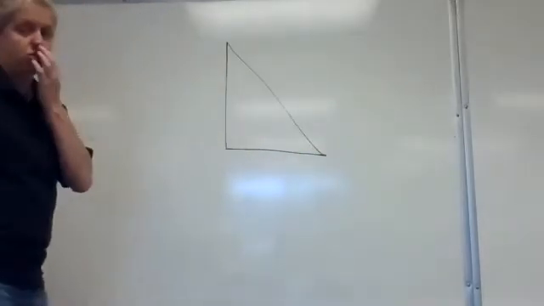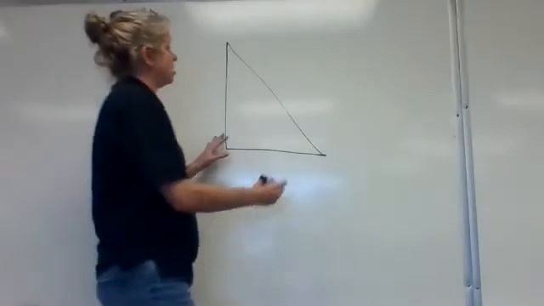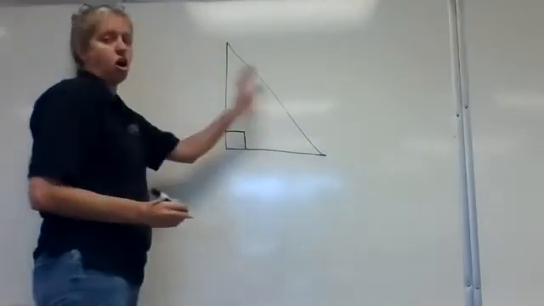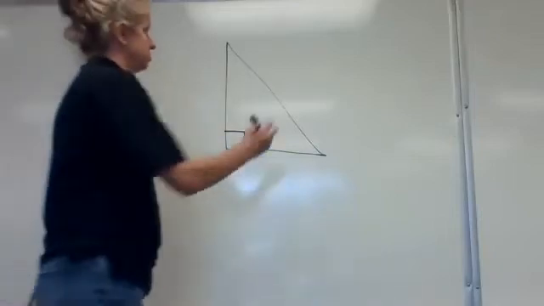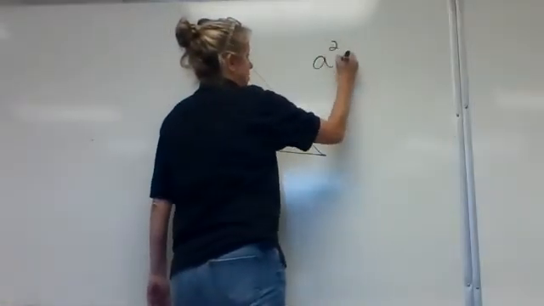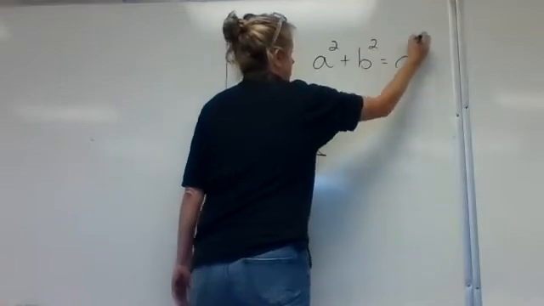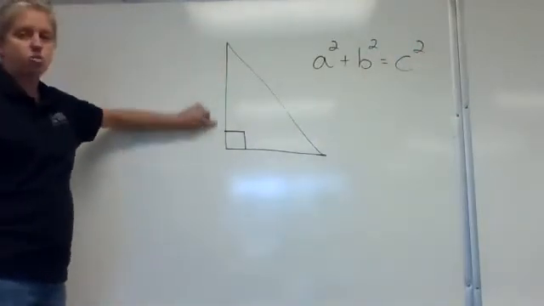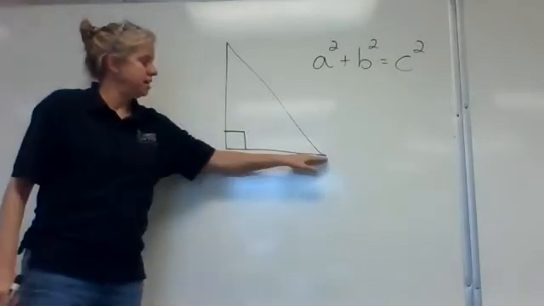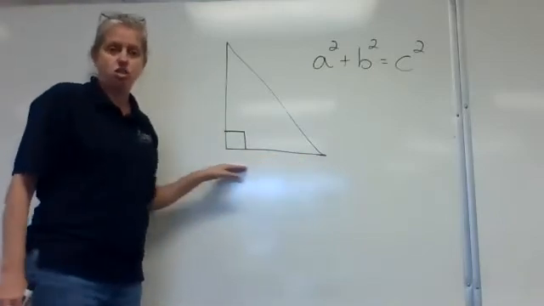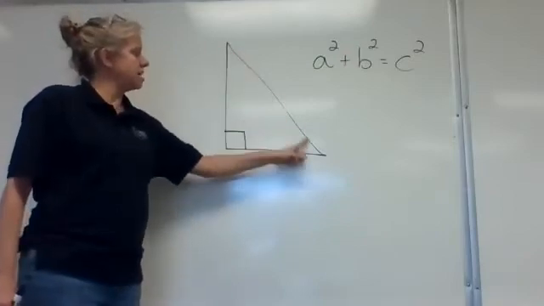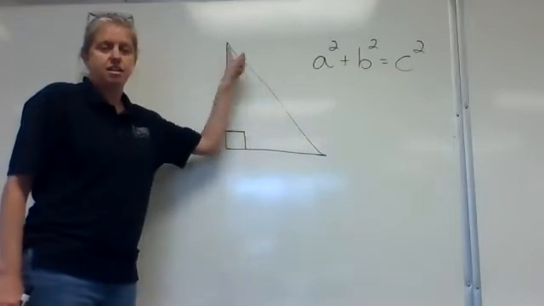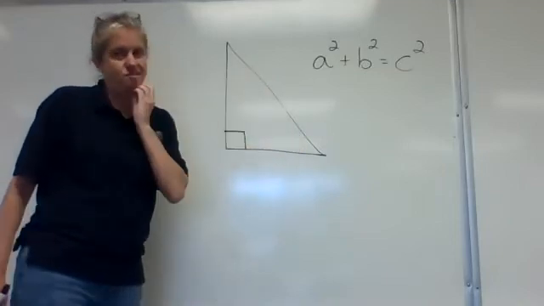So before we get into these problems, let's remind ourselves of the Pythagorean theorem that goes with all right triangles. The length of one side squared plus the length of the other side squared is going to be the same as the length of this side, which has to be your C, squared.